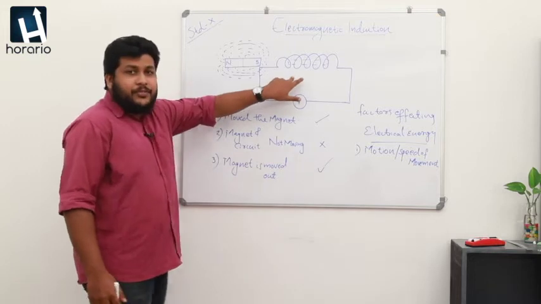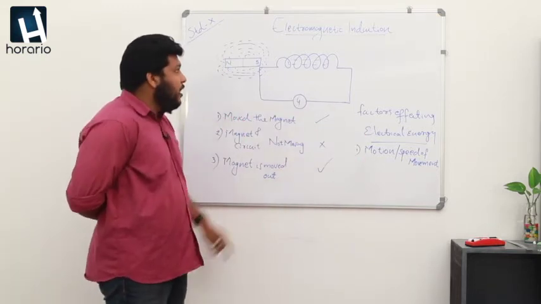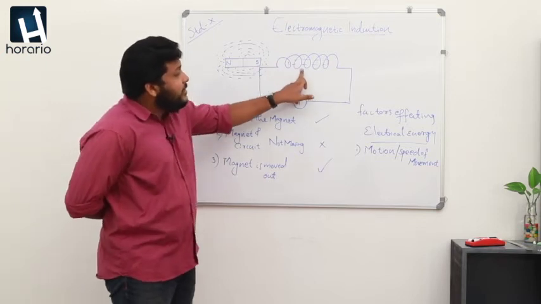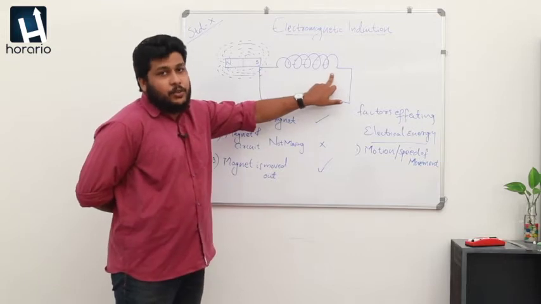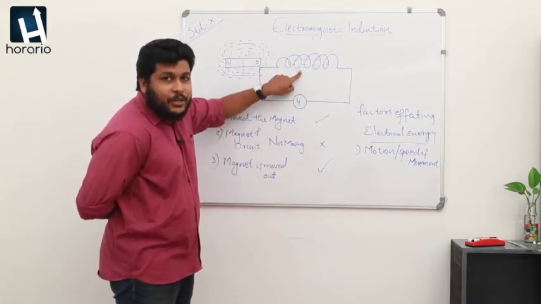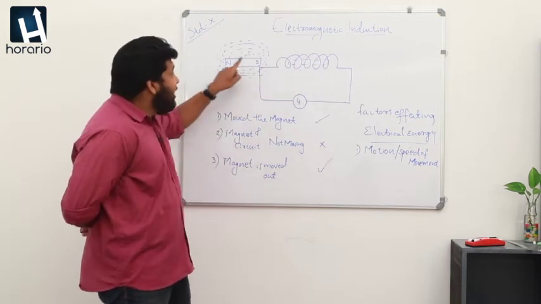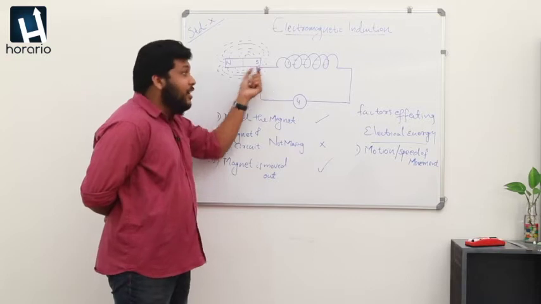What will be the second factor that affects the electrical energy production? What if I increase the number of coils or turns in this solenoid? When the number of coils increases in the circuit, the interference with the magnetic field will increase.